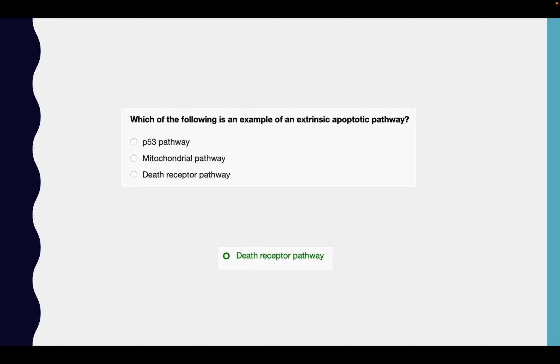It is MMP, mitochondrial membrane permeabilization. पर डेथ रिसेप्टर पाथवे की बात हो रही है, तो ये हमारा एक्सट्रिंसिक एपोप्टोटिक पाथवे का पार्ट है, वाइल अदर टू आर इंट्रिंसिक एपोप्टोटिक पाथवेज.